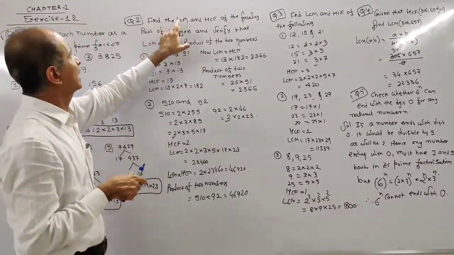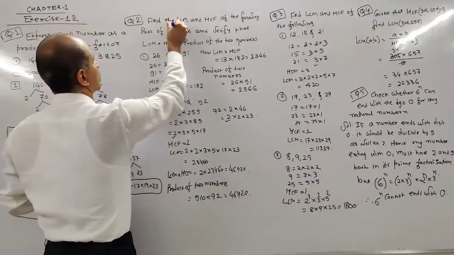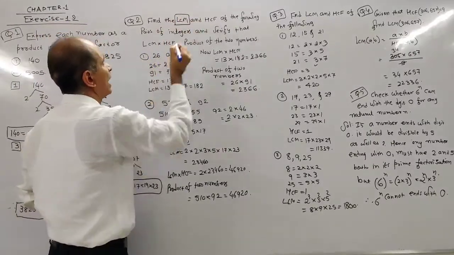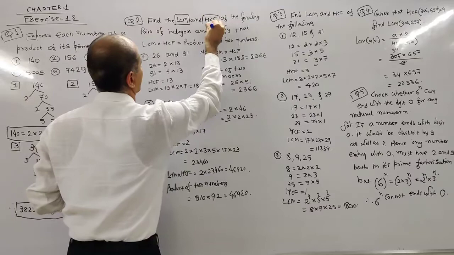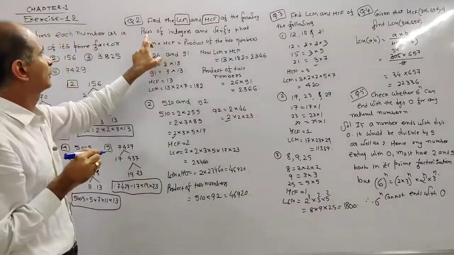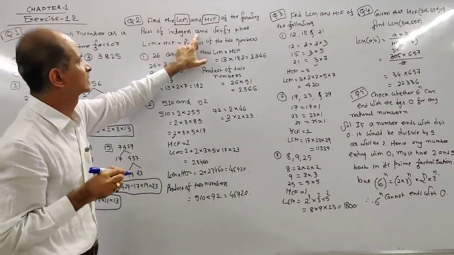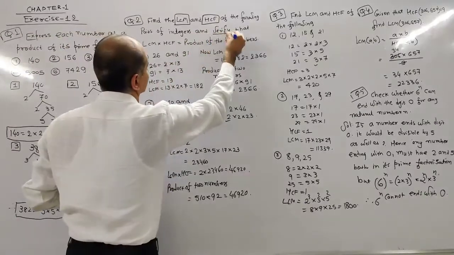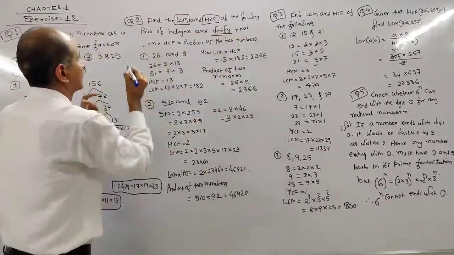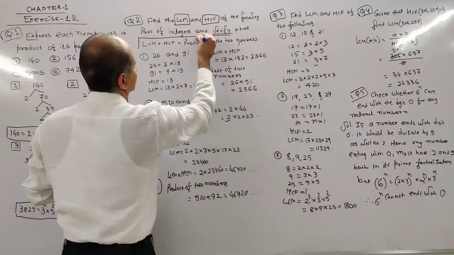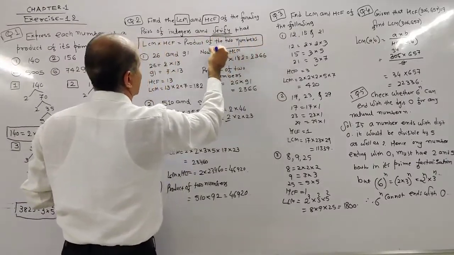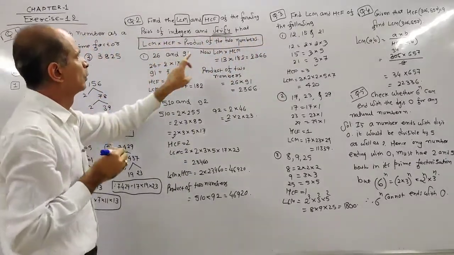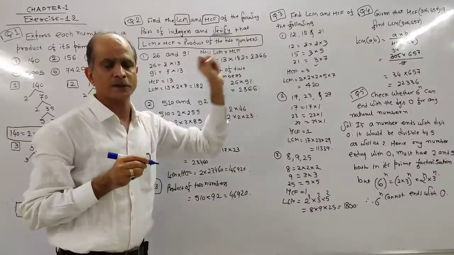Find the LCM, that is least common multiple, and HCF, highest common factor, of the following pair of integers, and you have to verify that LCM into HCF is equal to the product of the two numbers.